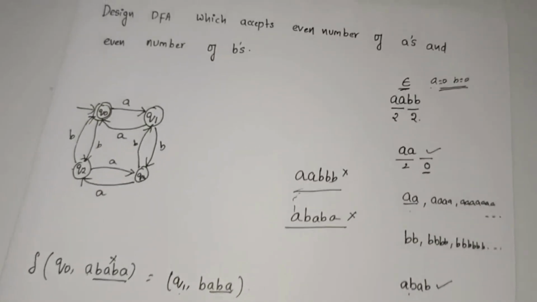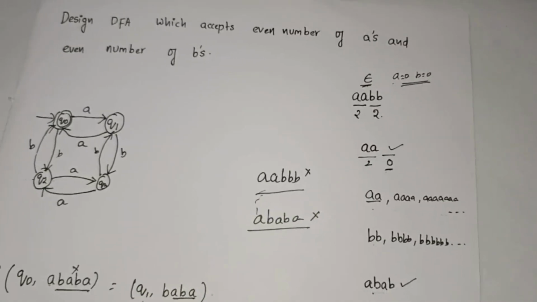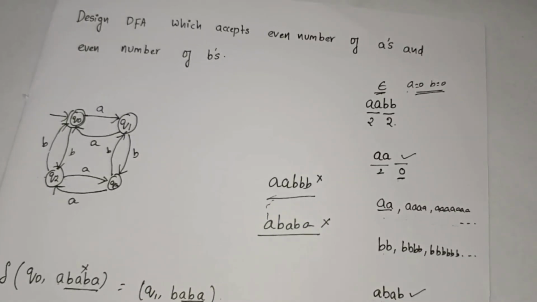So in this way, we have to design the deterministic finite automata for even number of A's and even number of B's. In upcoming videos, we will try to design a DFA for even number of A's and odd number of B's, odd number of A's and even number of B's, and finally odd number of A's and odd number of B's. These combinations we will try to design so that you will understand how to design a DFA.